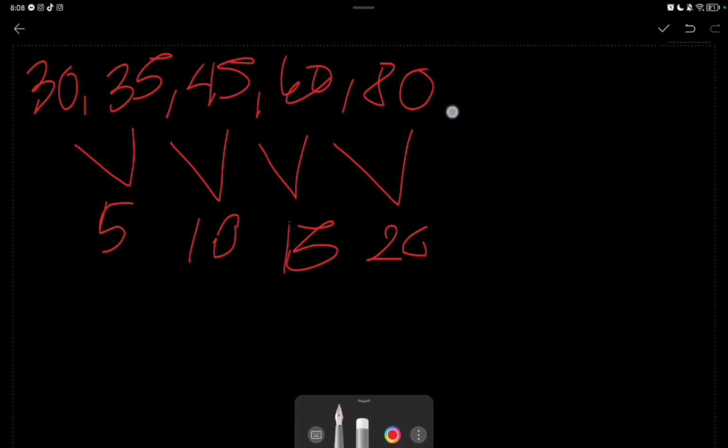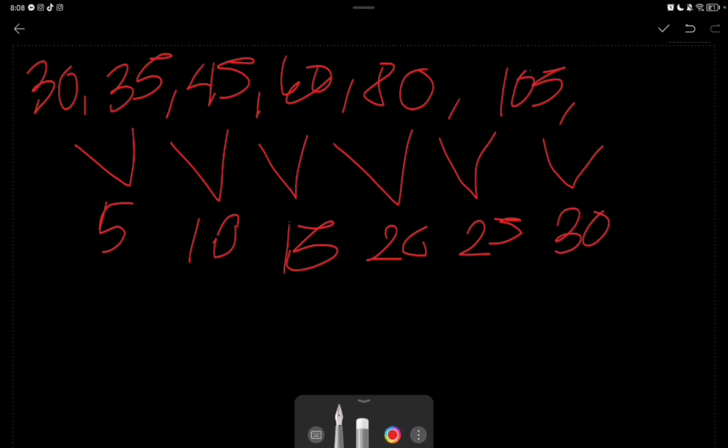So to get the next 3 terms, the first is 80 plus 25, because the next after 20, since it's multiplied by 5, is 25. So 80 plus 25 is equal to 105. And then next is 105 plus 30, it is 135.